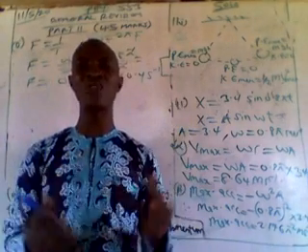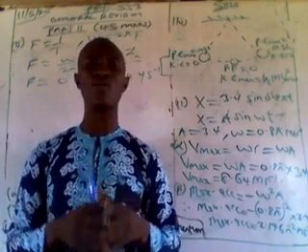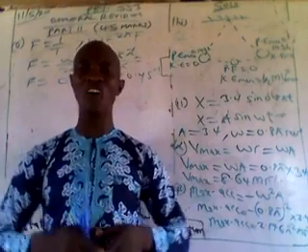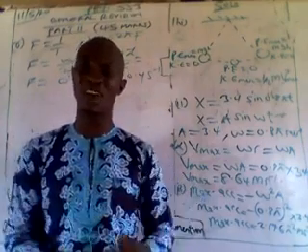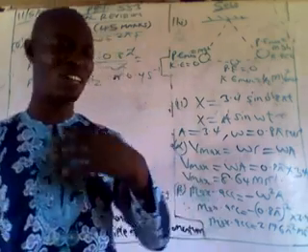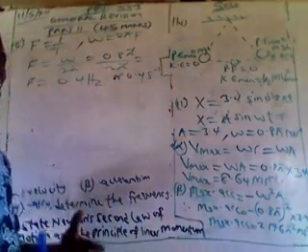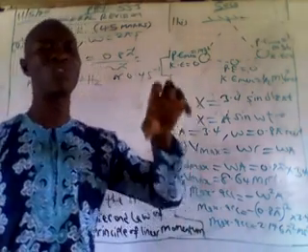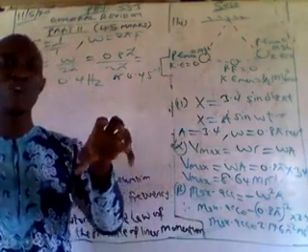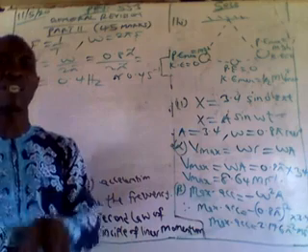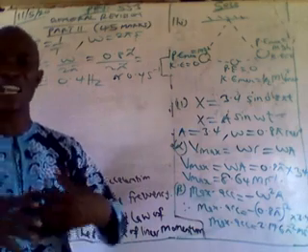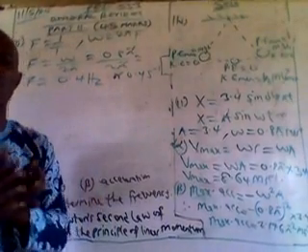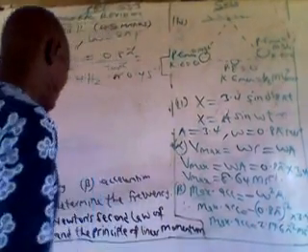Or, if you like, you can restate the principle as: in an isolated or closed system, the total linear momentum before collision must be equal to the total linear momentum after collision.